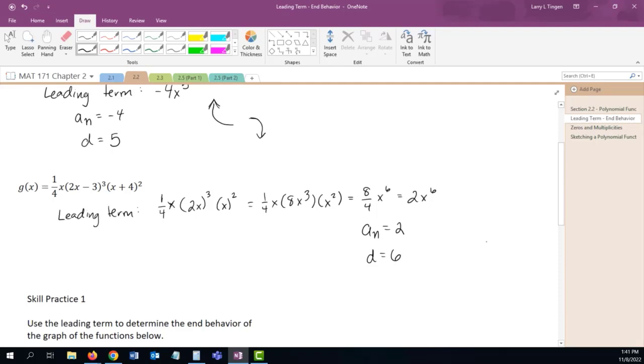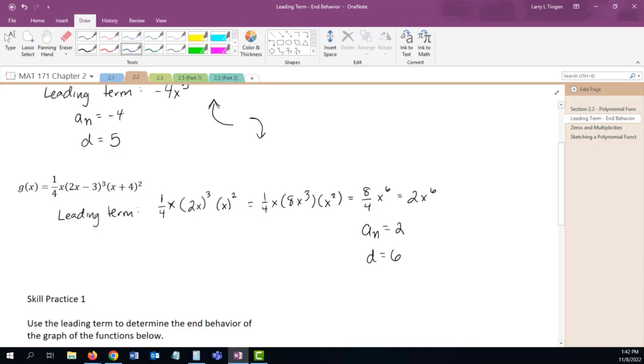This is even. And yes, you add the powers of the variables. So the degree is 6, which means it's even. So either both ends go to positive infinity or both go to negative infinity. That is controlled by the leading coefficient, which is a positive 2.